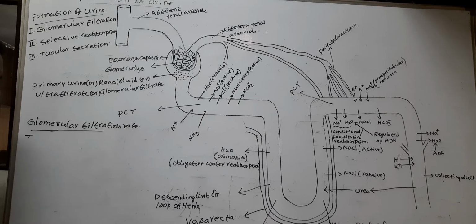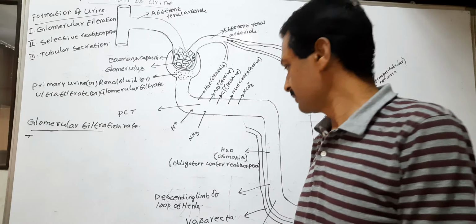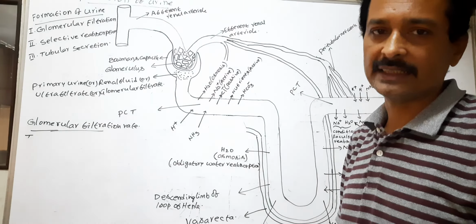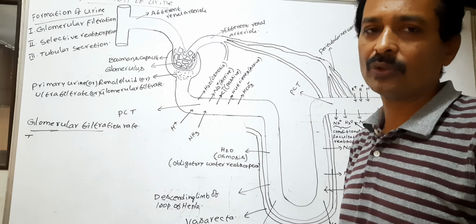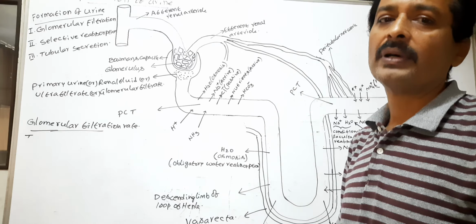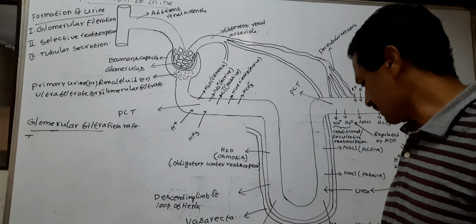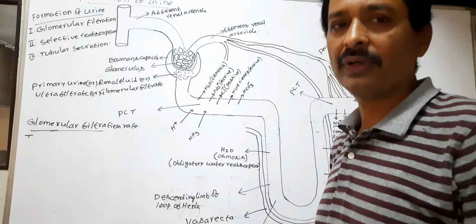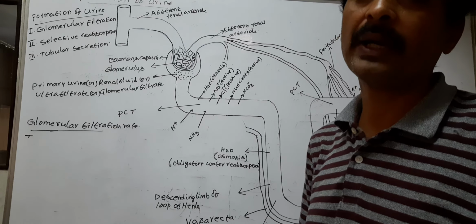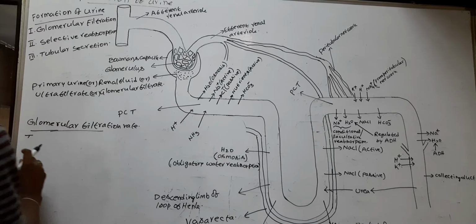The amount of filtrate formed by both the kidneys per minute is called glomerular filtration rate. So the amount of filtrate formed by both the kidneys per minute is called glomerular filtration rate.